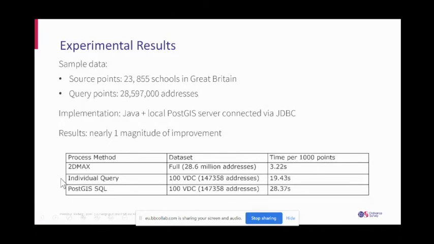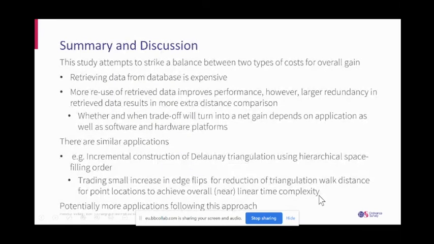If we run the normal individual queries for each address, it would be 19.43 seconds. If we just use the SQL directly, it will be even slower. So that's basically the summary results from this study.